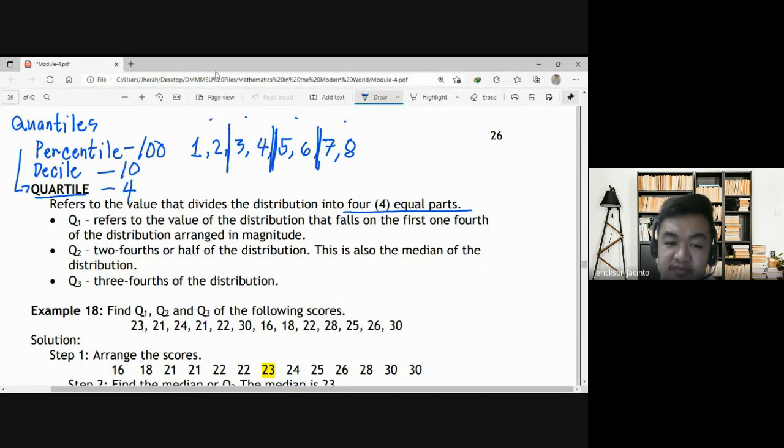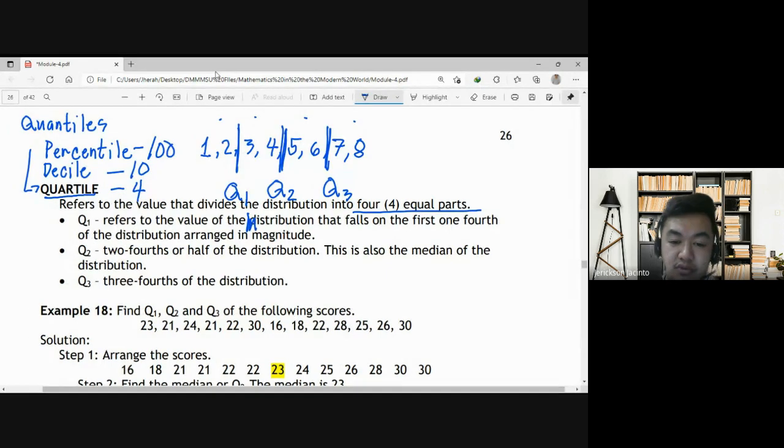That means na yung una, ito yung ating quartile 1. Yung pangalawa, quartile 2. Pangatlo, quartile 3. Actually, yung quartile 2 natin, ito rin yung median. Yan, median yung quartile 2 natin. That is the median.